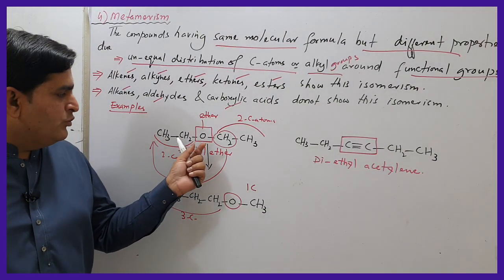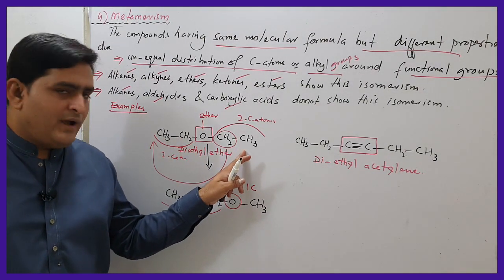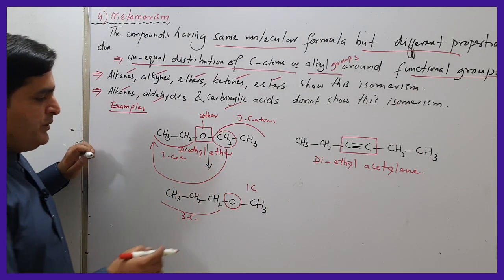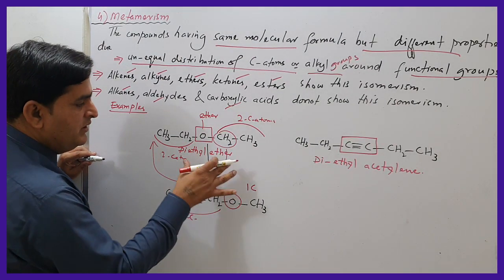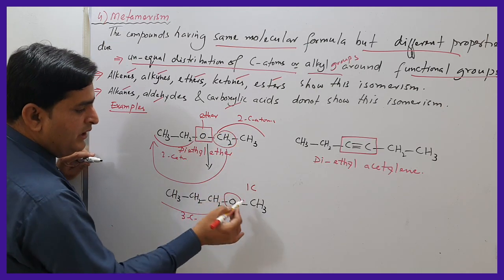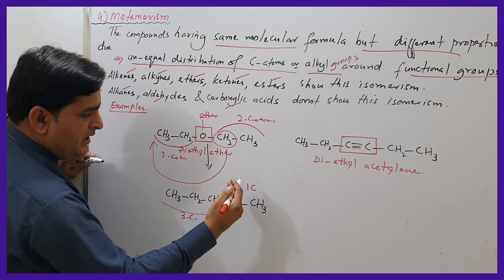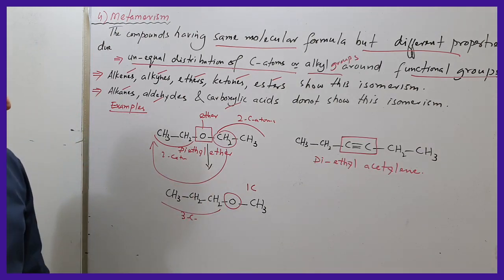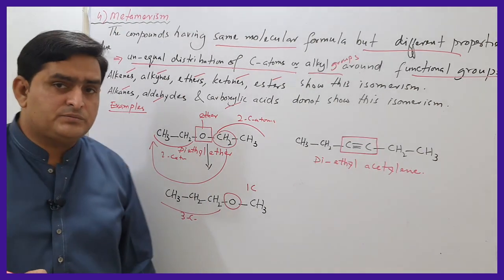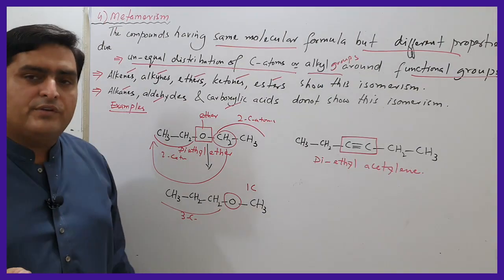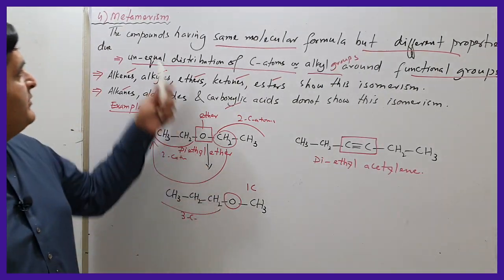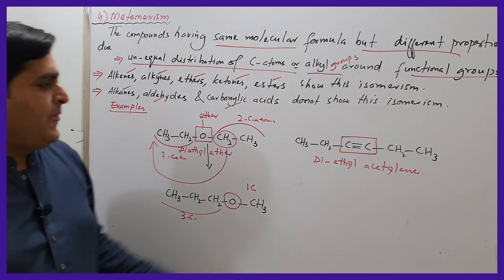Here the functional group has 2 carbons on either side. Here the functional group has unequal distribution compared to the above one: 1 carbon at the right side and 3 carbons at the left side. This type of isomerism, in which 2 compounds have different properties due to unequal distribution of carbon atoms, is called metamerism, and such isomers are called metamers.